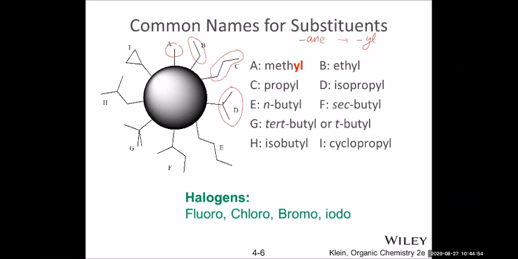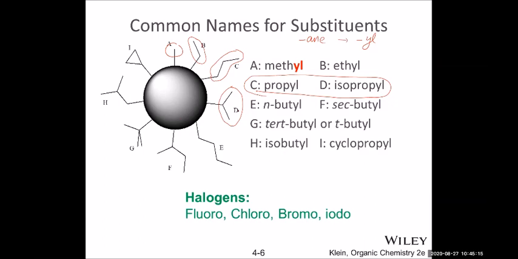Isopropyl is the middle carbon, the middle carbon takes away hydrogen and attaches to the parent. So the difference between these two, be very careful. This is a very commonly used substituent in organic chemistry naming.